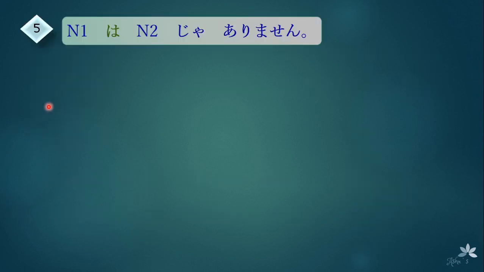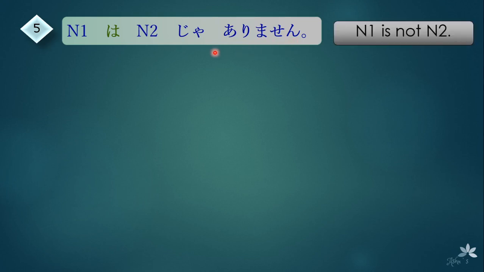Let's go to the next example sentence pattern. N1 wa N2 ja arimasen. Ja arimasen means not. So this sentence means N1 is not N2.